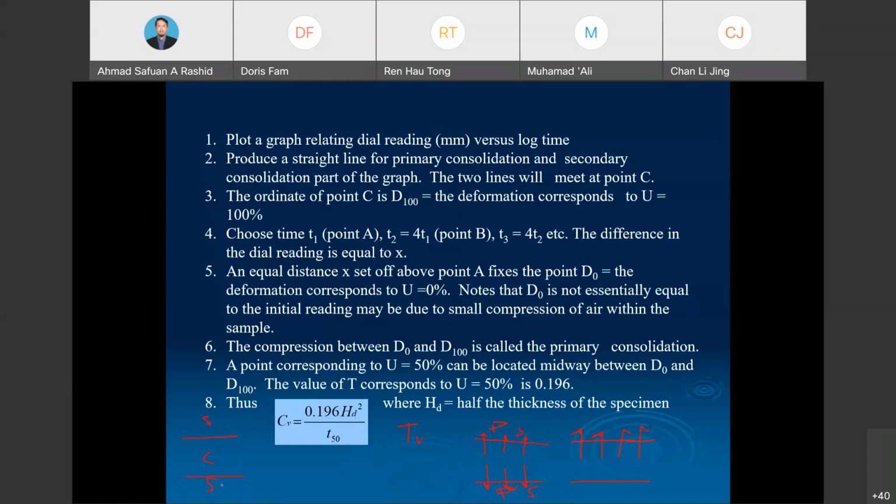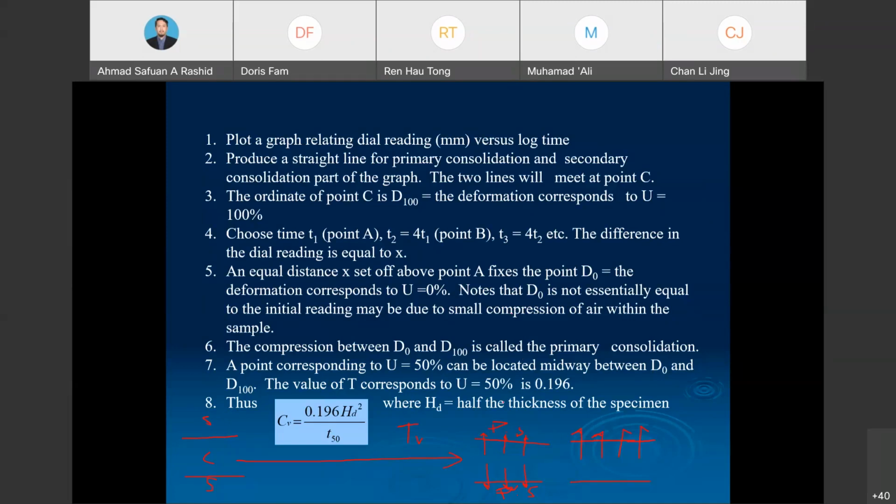So we consider as a double drainage. So in odometer, to replicate the same situation at the site, we use a double drainage system, which is the porous stone cover on the top and at the bottom of the sample.